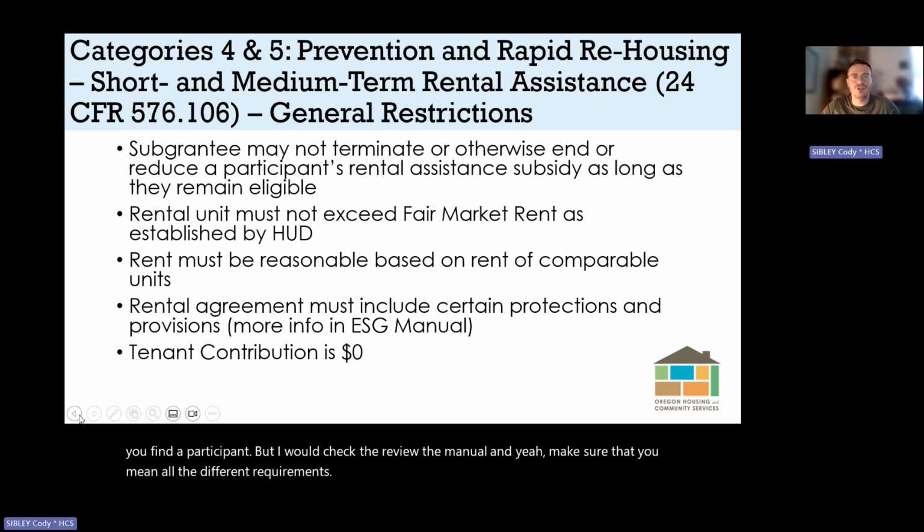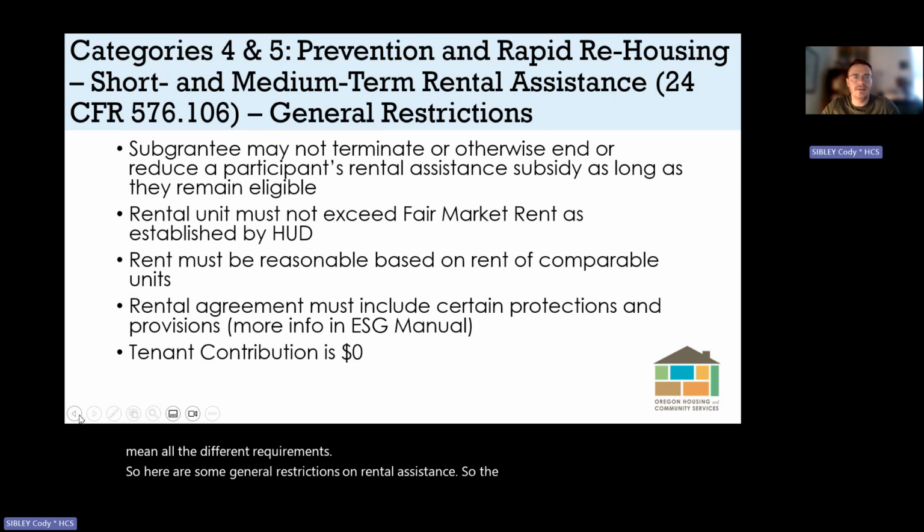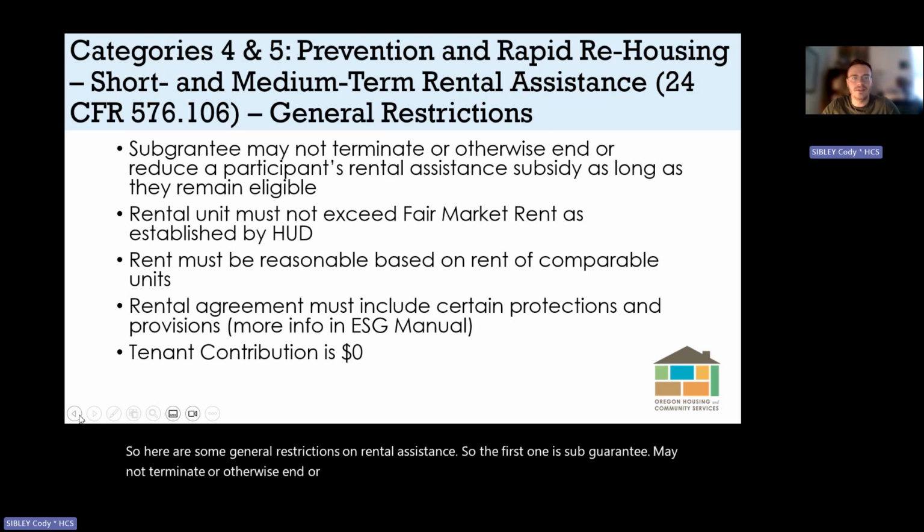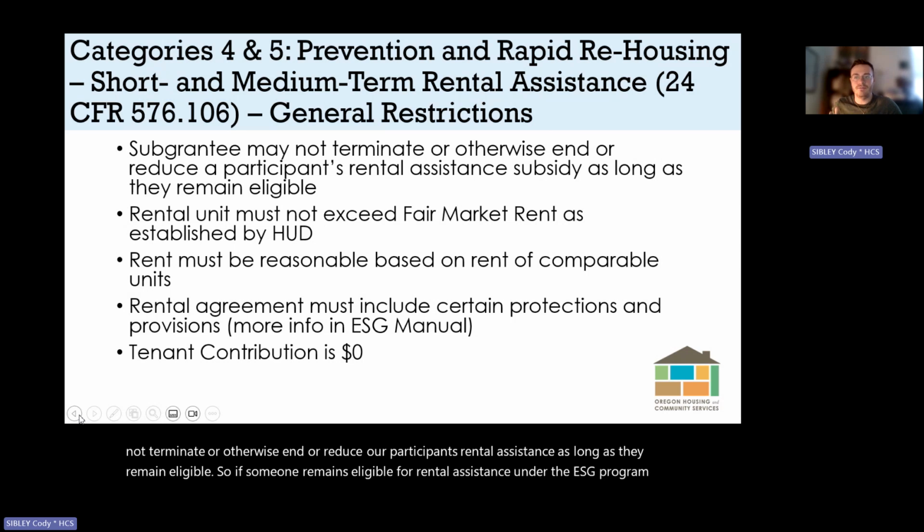So here are some general restrictions on rental assistance. The first one is, a subgrantee may not terminate or otherwise end or reduce a participant's rental assistance as long as they remain eligible. So if someone remains eligible for rental assistance under the ESG program, they need to stay on the program.